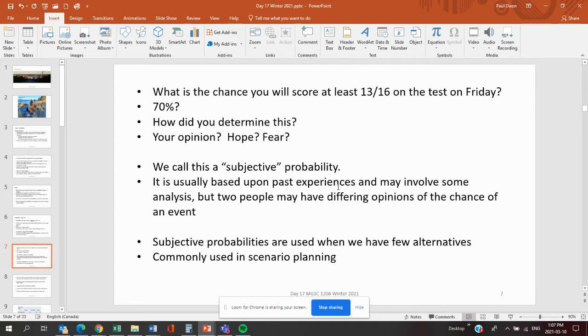We could imagine a variety of scenarios of what might happen when we roll it out, and then ask, well, what's the likelihood of this scenario happening? Those are different subjective probabilities. And we may have a plan B for if that scenario happens.